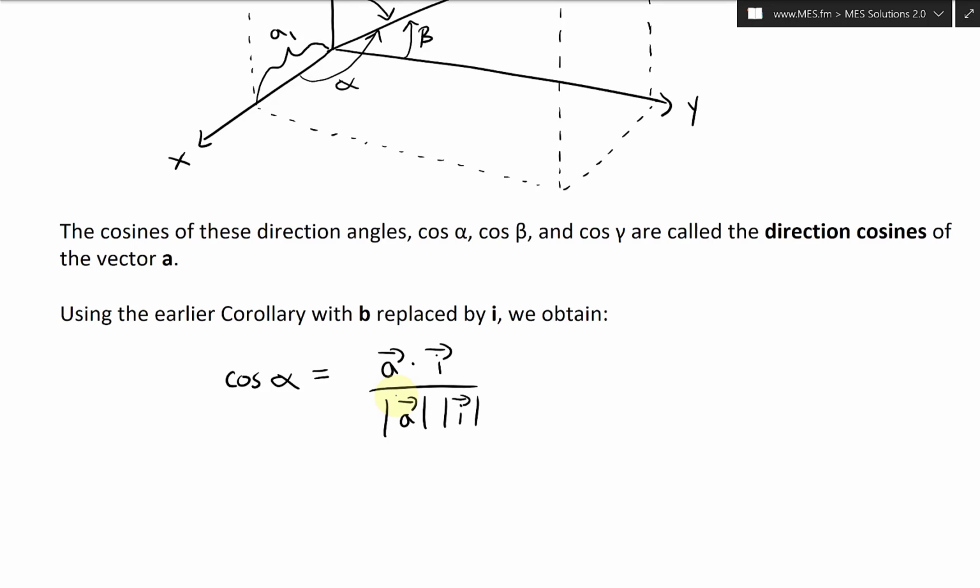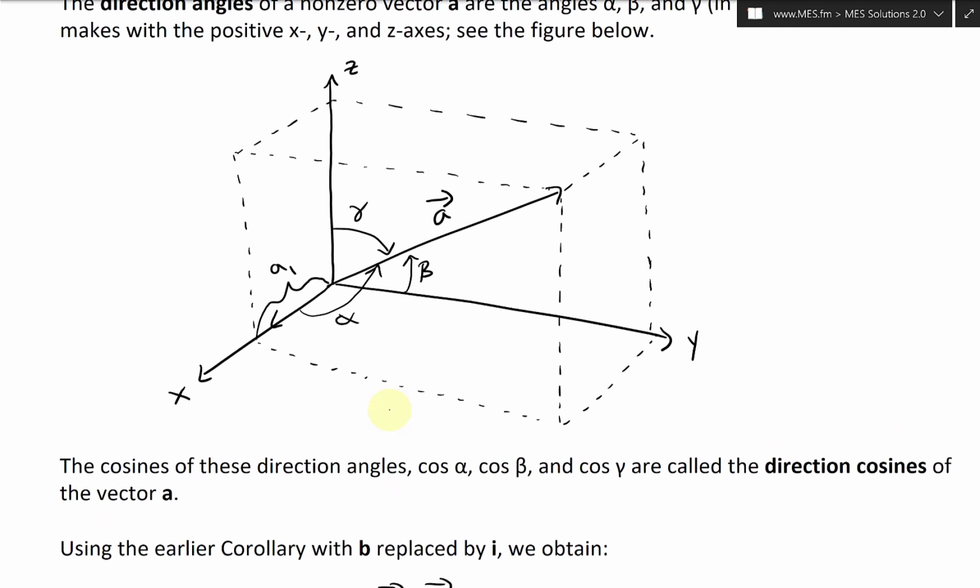All right, here I just fix it all up. So A dot I divided by the A length, and then the I length. And again, this is the I, over there. This is the J, and this is the K. K is going top, etc. I'm just going to erase all these just for neatness.